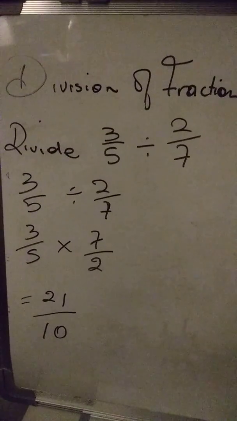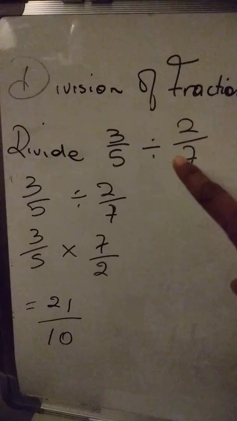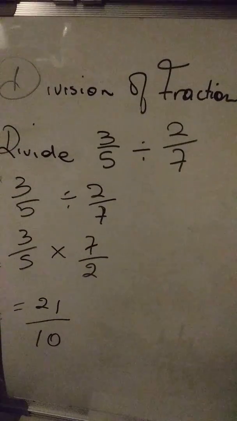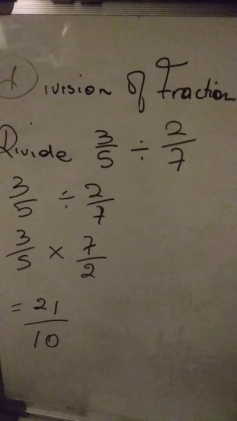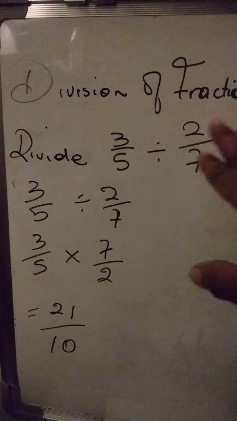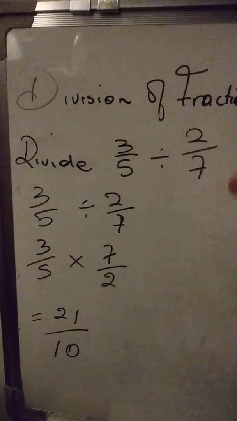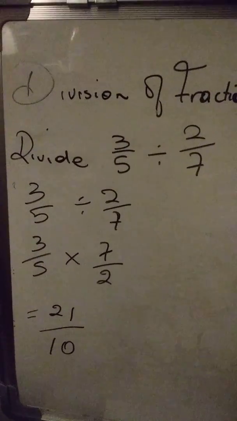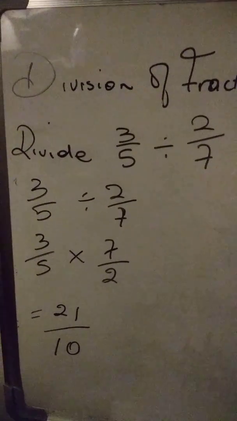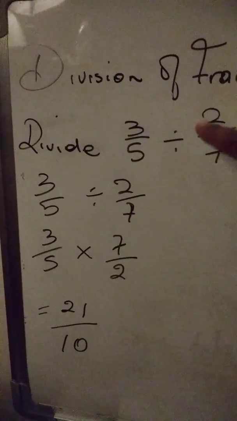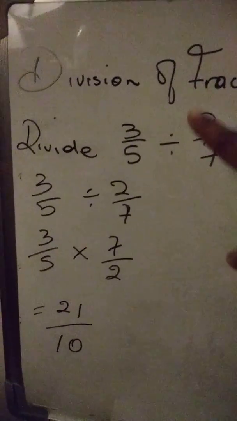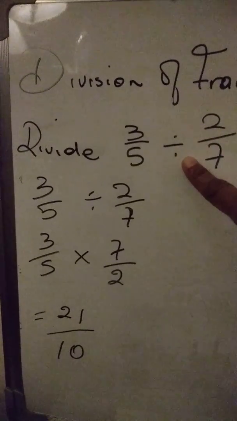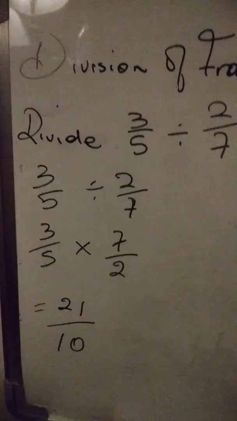Our first question is 3/5 divided by 2/5. Now, with division of fractions, the number that comes after the division sign, you always find the reciprocal. After you get a division, you say 3/5 divided by 2/5.